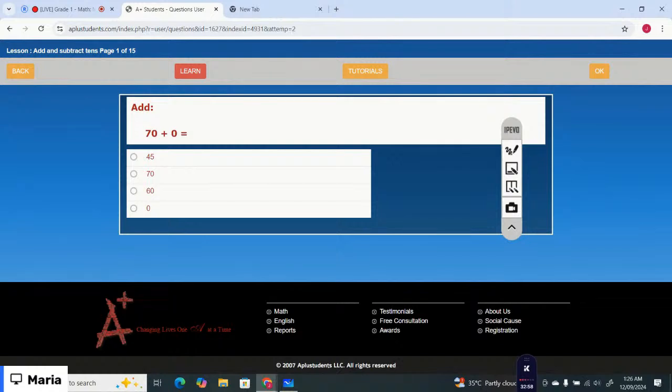Yes, adding 0 to any number means the number stays the same. Whatever number it is, you are adding 0, the number stays the same. So the correct option is 70. Option number 2 is the correct option, right? 70 plus 0 is 70.